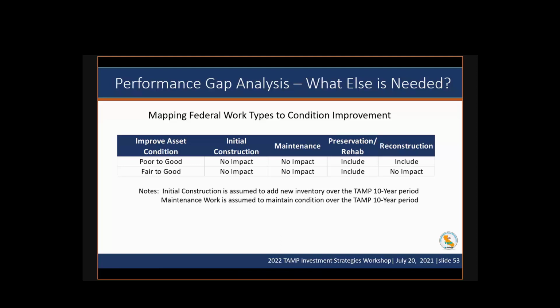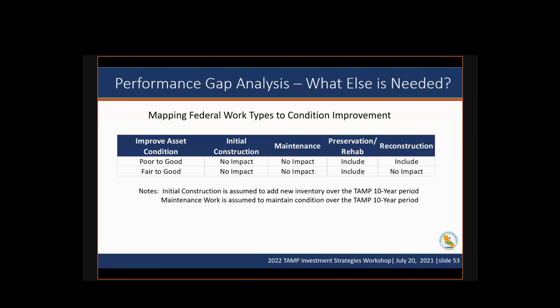So I think towards the end of Brad's presentation, he talked about this, and he showed a table, and it showed the different investments in each of the work types. And for those of you who attended our prior workshop on financial planning, you did see our work types defined in this way.